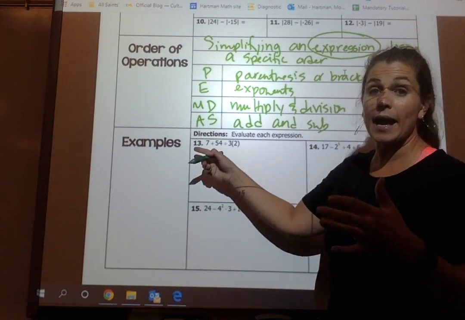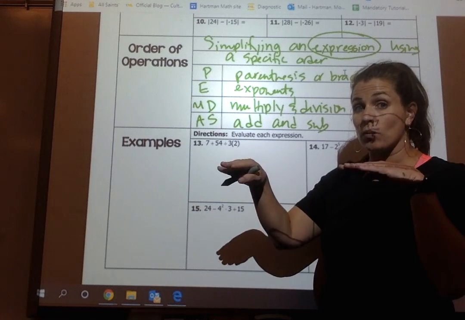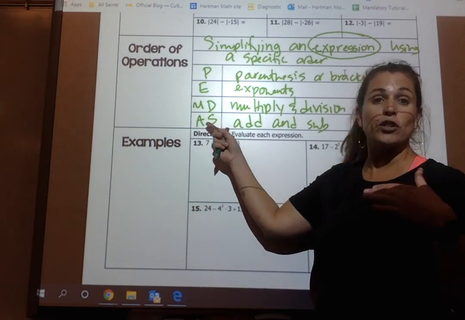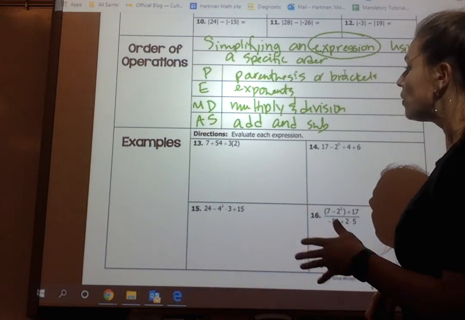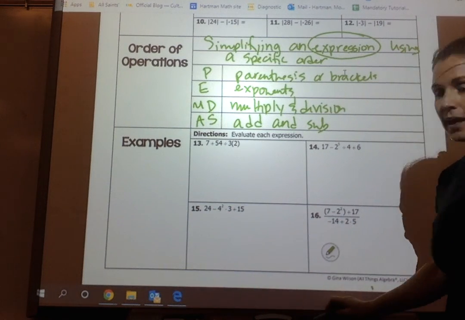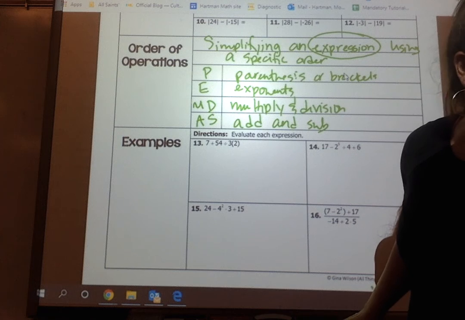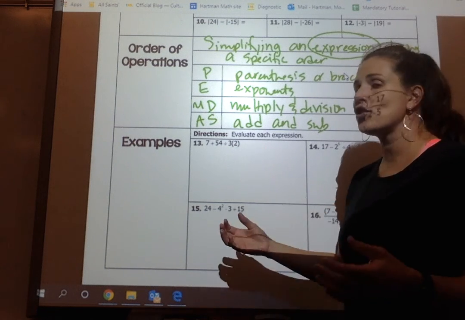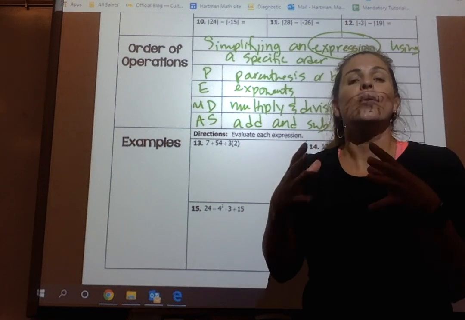And when it comes down to just multiplication and division on one line, you do it in that order. Same thing with addition and subtraction, you do it in that order. So let's take a look at some problems together. We'll start easy. You don't do it in your head.